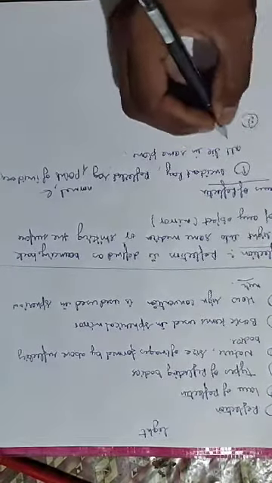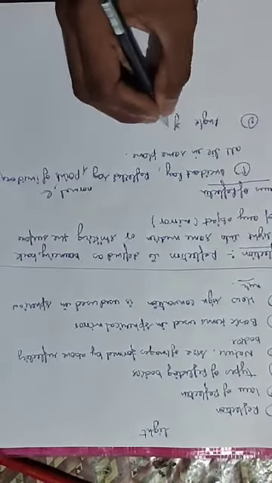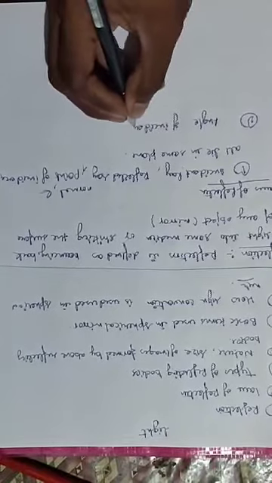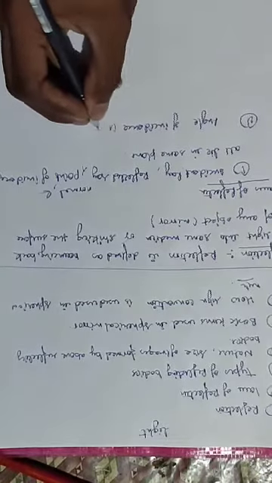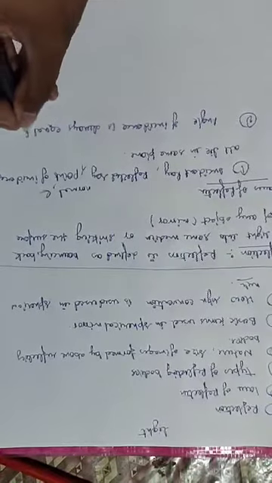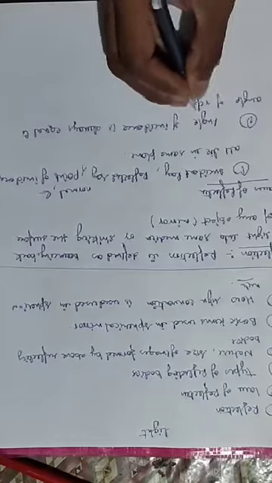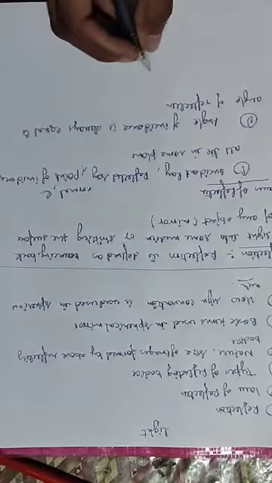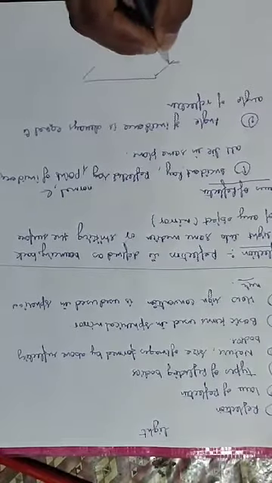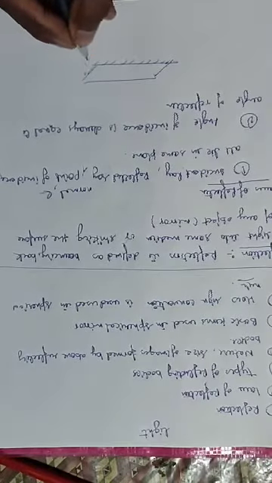The second law of reflection is that the angle of incidence is always equal to the angle of reflection. So let us consider a plane mirror whose back surface is assumed to be coated.